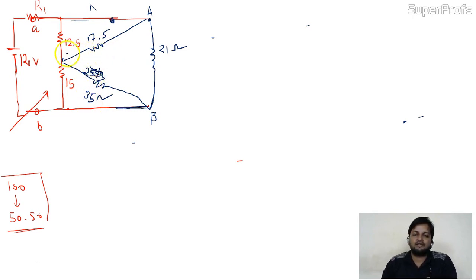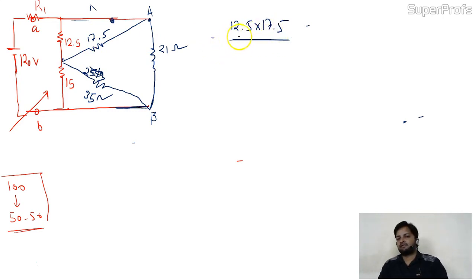So again we can resolve 12.5 and 17.5: 17.5 times 12.5 divided by the sum, and that sum is 30. Yes, 30 absolutely. So we will have some value. It now depends on you. Please calculate and give me the result.